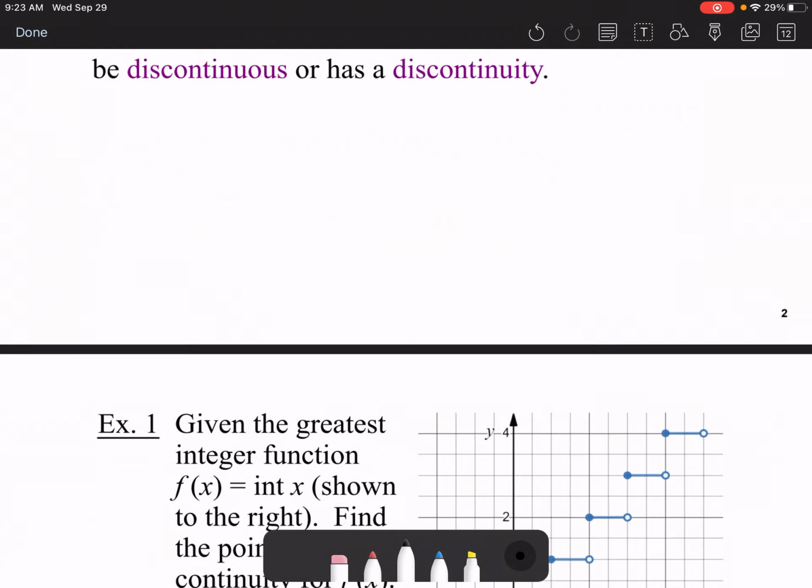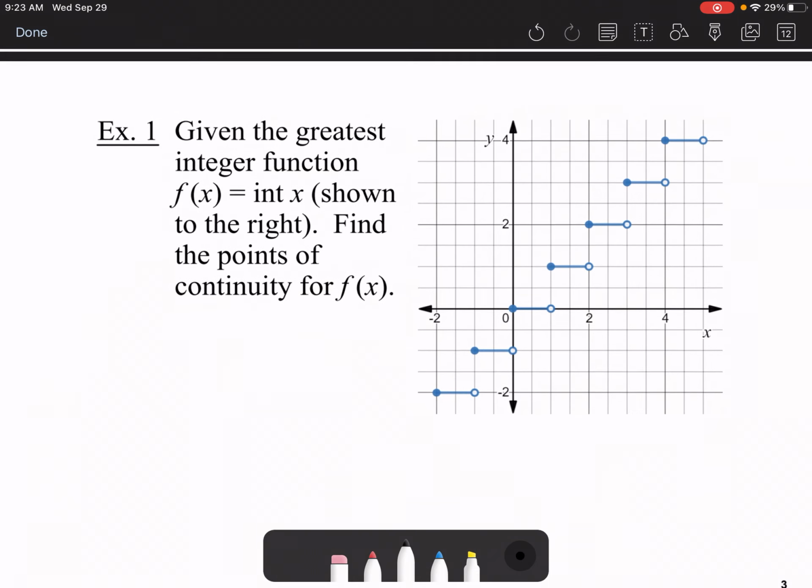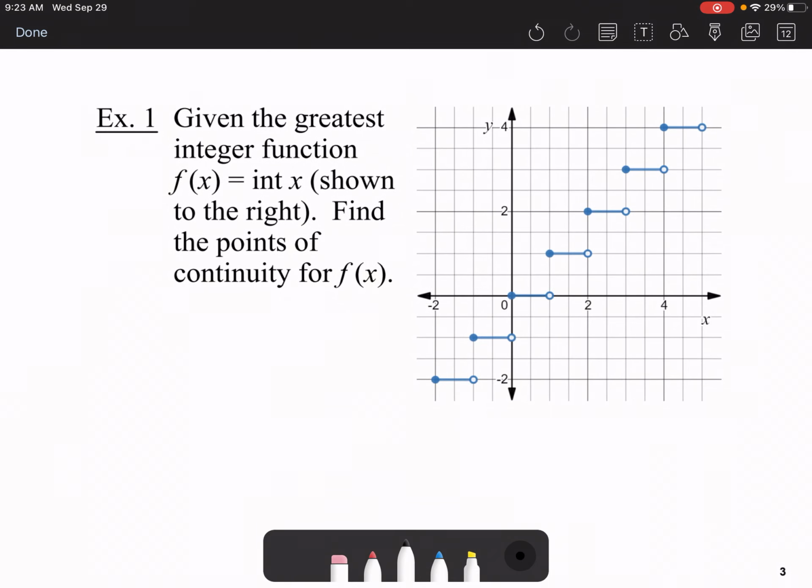Okay, so moving right along. Let's take a look at this function. This is called the greatest integer function, also called int of x. It's a common function that some universities use. Another name for it is the floor of x, and I've also seen it described as f of x equals this, with this type of brackets.